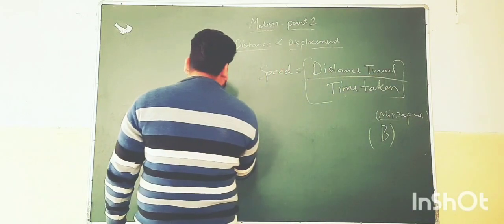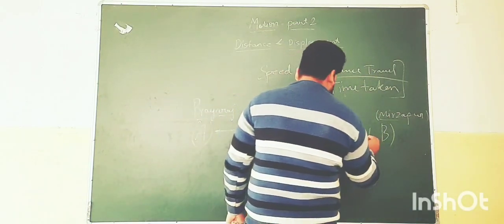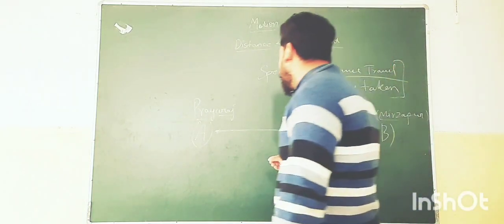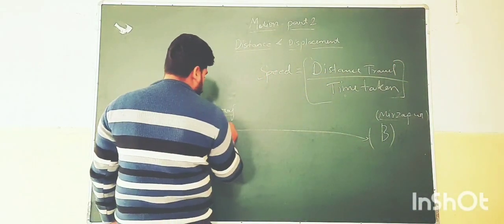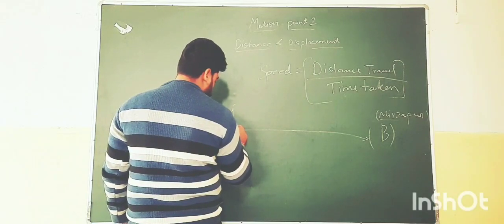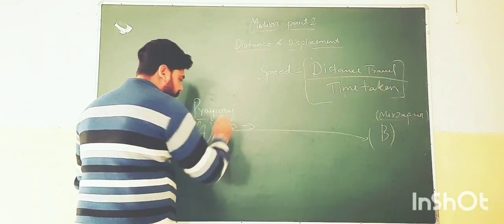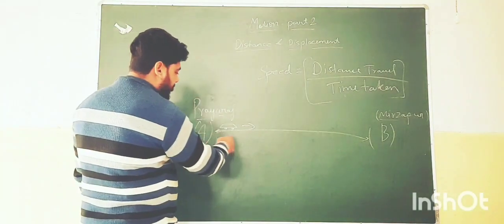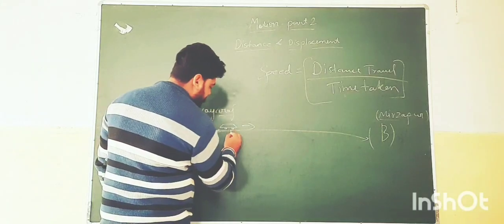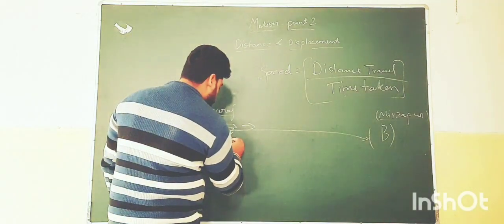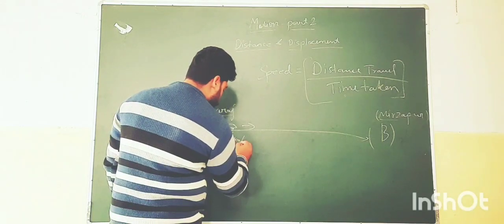If we travel from A to B, this is the path in which we have to go. Here one car is just traveling, the car is moving. And at this place, the starting point, it is 20 kilometers per hour.